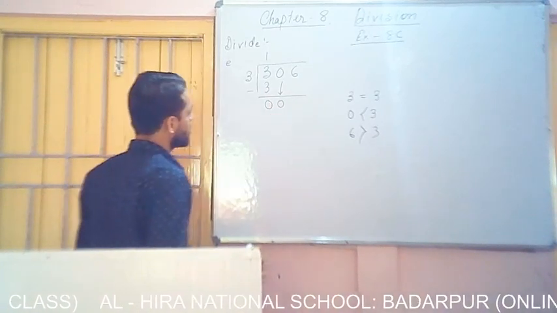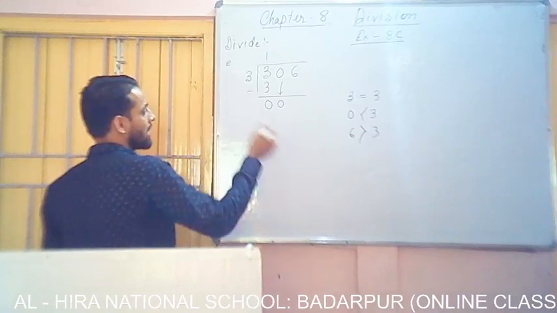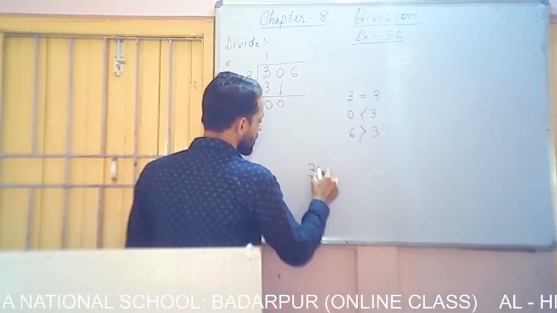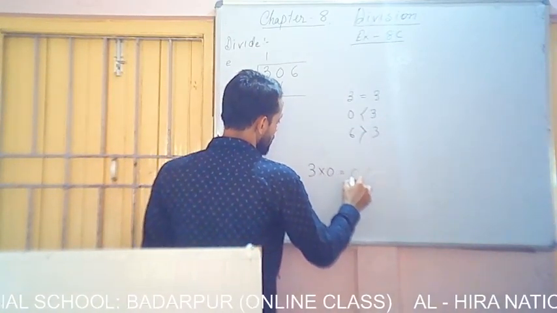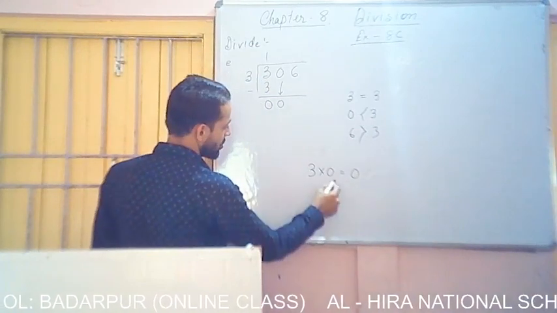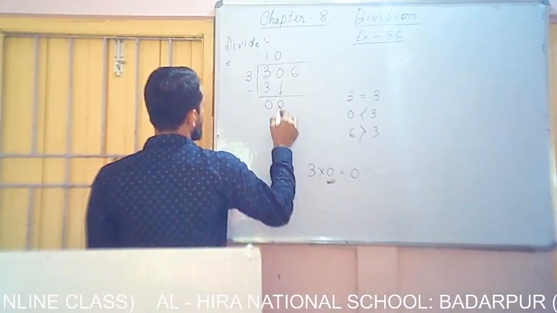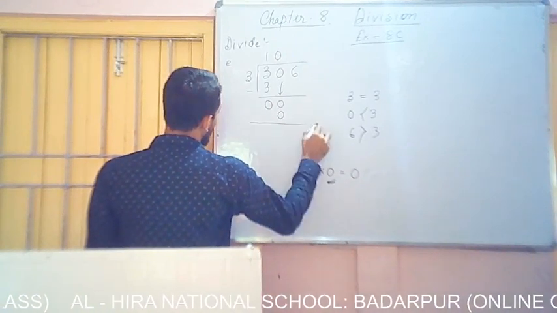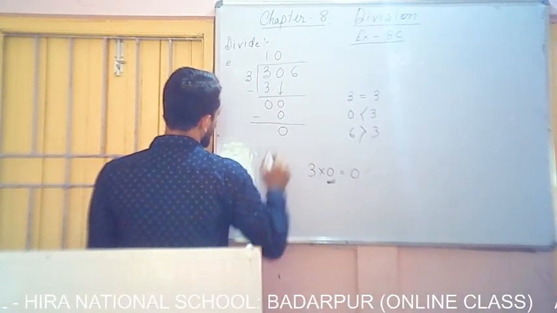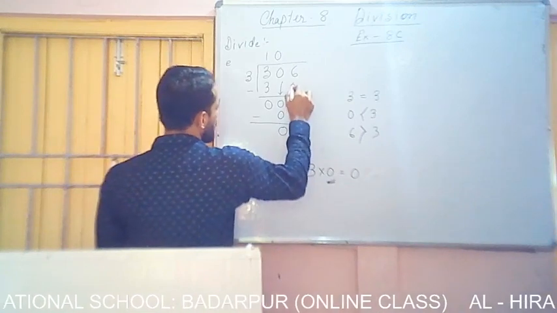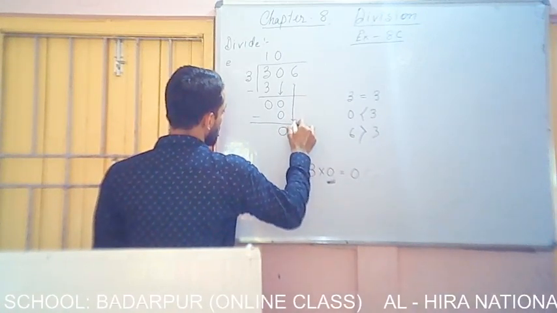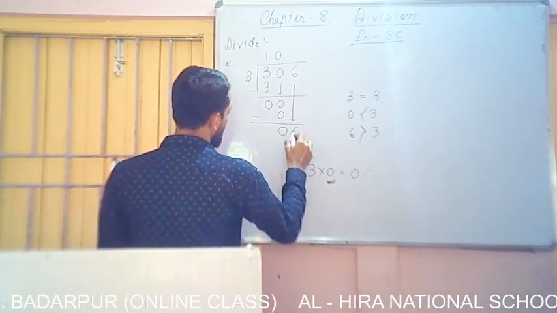So now we have to multiply 3 with a number so that the result is 0. 3 multiplied by 0 equals 0. So now we are going to write here 0. Again, if we subtract 0 from 0, we will get 0. Now bring down 6 ones.